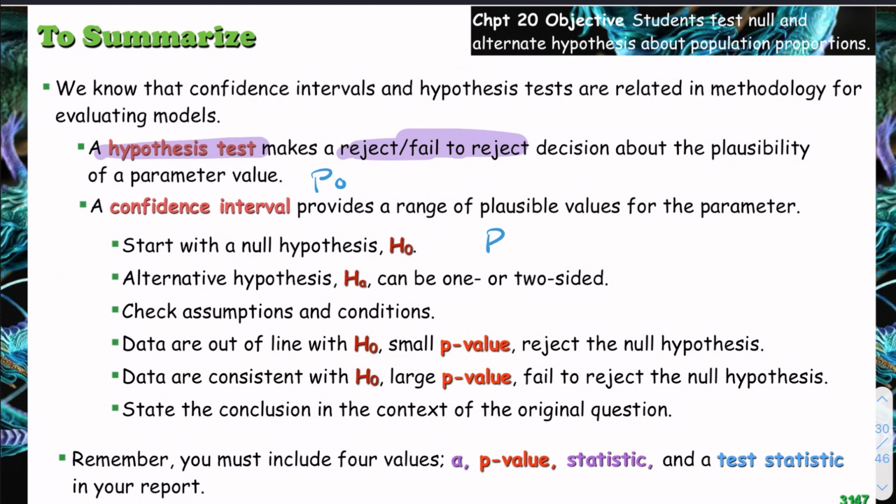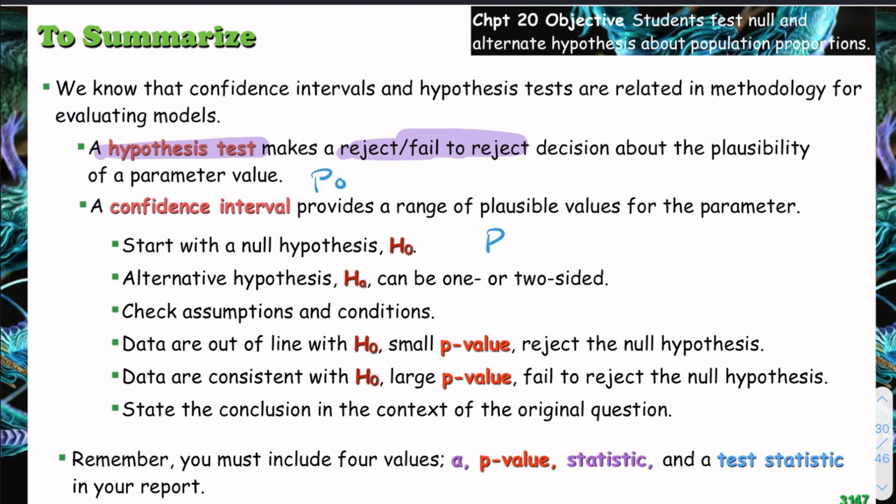We're going to check our assumptions and conditions. If the data are out of line with our null, so that means we got a large z-score, or the p-value is low, we're going to reject the null. If the data is consistent with our null hypothesis, which means that the chance that we get our data is rather large, or the p-value is high, we're going to fail to reject the null hypothesis.